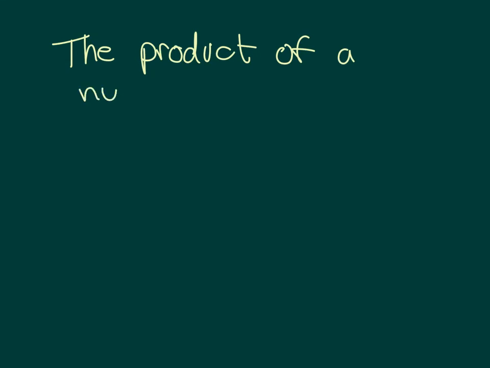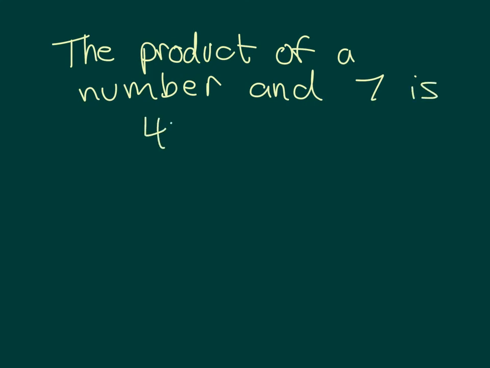The last thing on the test will be that you're going to simply take a sentence and change it into an equation and then solve it. For instance, we could say the product of a number and 7 is 42.